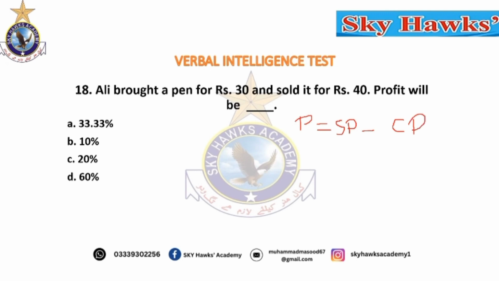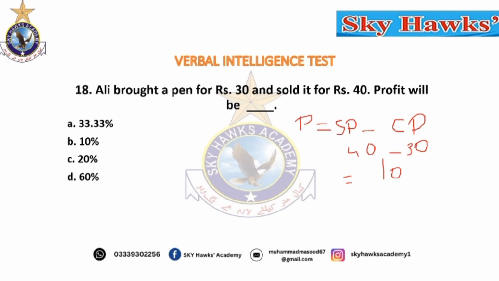So here the selling price is 40, right? And here we have our buying price, that is 30, right? Now we are going to do a subtraction and the answer would be 10.